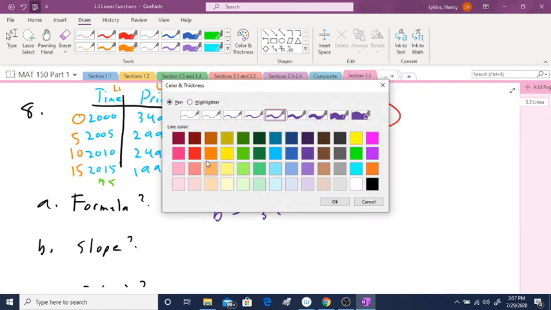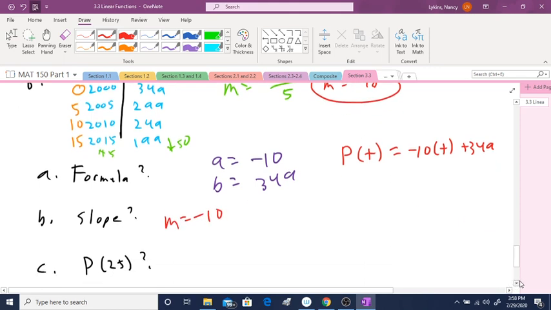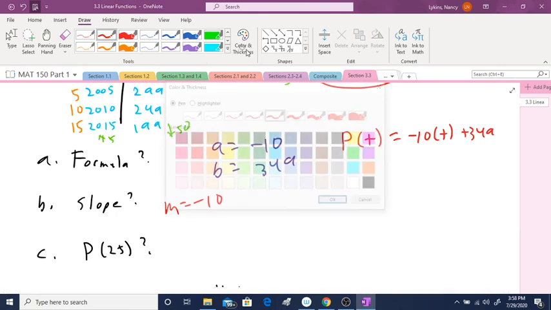So our formula is going to look like time and price. So price depends on T. So remember, your L2 always depends on your L1. So P of T equals -10T, and then since 349 is positive, plus 349. Okay, now the slope we predicted, that is -10. What about P of 25?